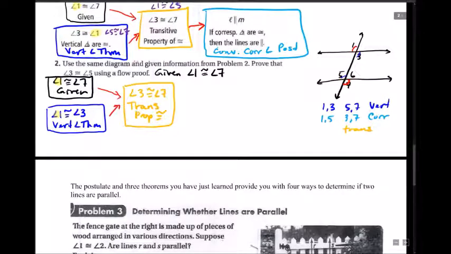All right, so I've got to 3 and 7, and so now what's the next thing I'm going to use? What do I still need? I need an angle 5. Well, do I have something that relates angle 5 to angle 7? I sure do. We have angle 5 is congruent to angle 7 by vertical angle theorem.